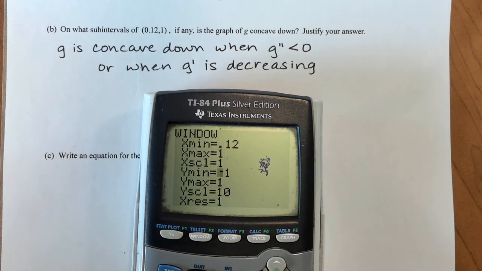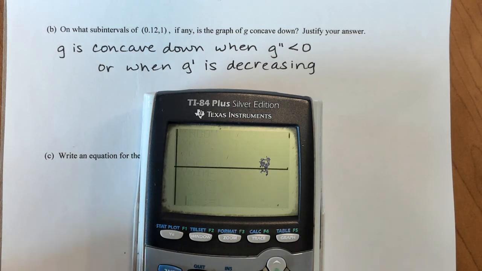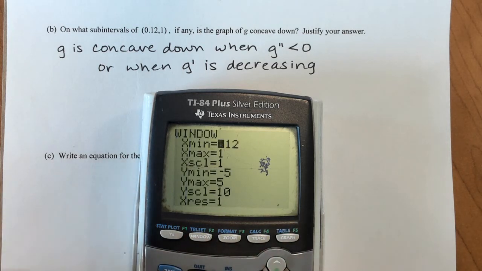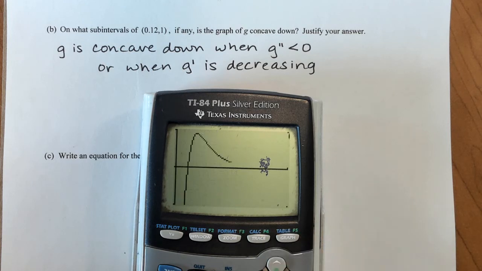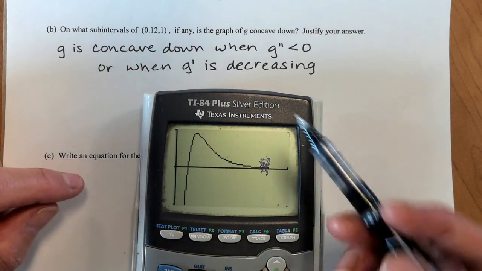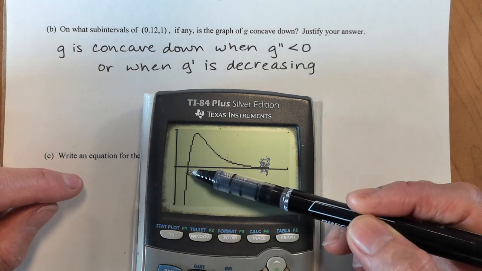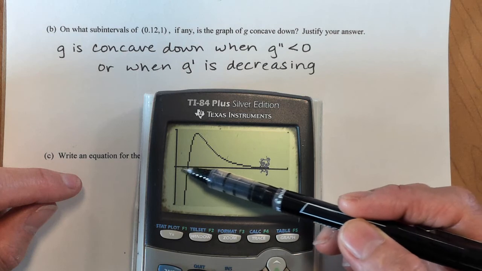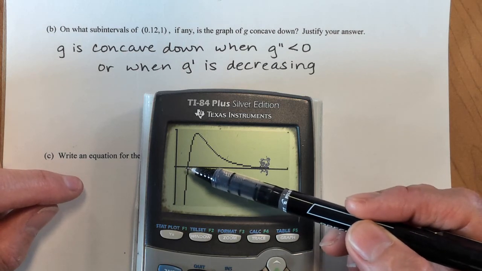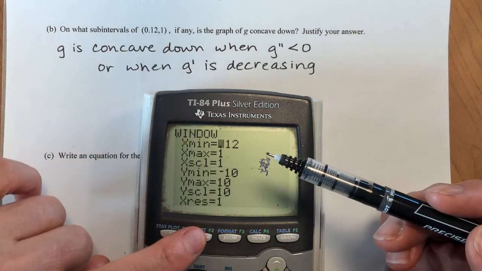Let's go from maybe -5 to 5 and see if that works. Nope, I need a little more, maybe -10 to 10. Okay, so it looks like the graph is negative for all the values of x before this one. So, oh, no, wait, what did I set my window up?